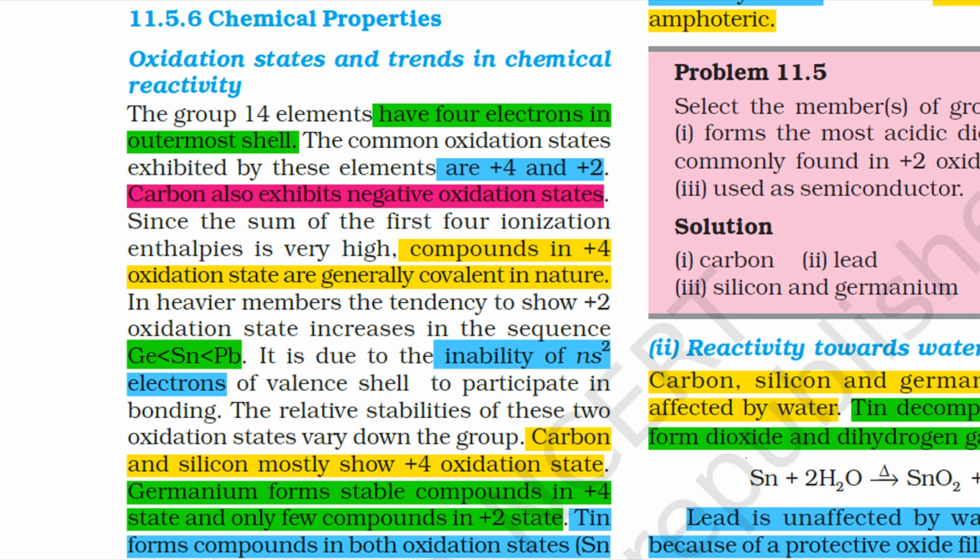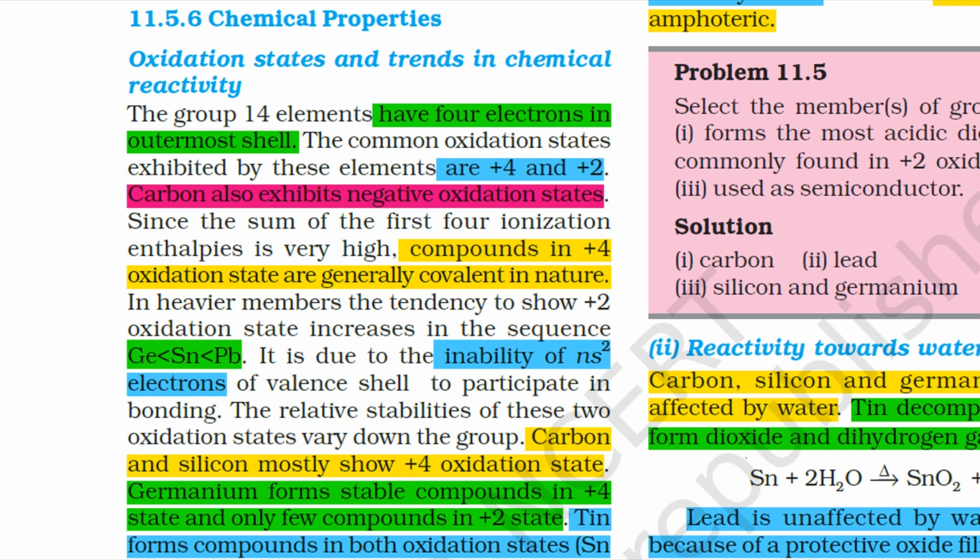Next, the sum of the first 4 ionization enthalpies is very high. Compounds in +4 oxidation state are generally covalent in nature, and heavier members show +2 oxidation state because of inert pair effect, that is, inability to use ns2 electrons of valence shell due to poor shielding effect of d and f electrons. So as we go down the group, +2 oxidation state becomes more stable.